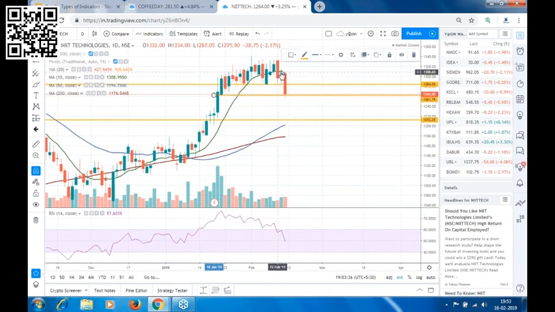So on Monday, if the market is bearish and these candles leave the 10 period moving average, that is the time you can go short, or when it breaks this level 1260, that is the time you can go short in the market. See, right now they are taking resistance exactly at the 10 period moving average.